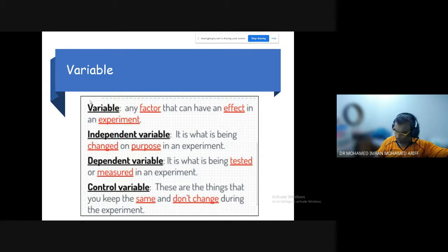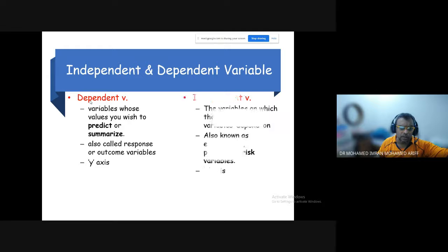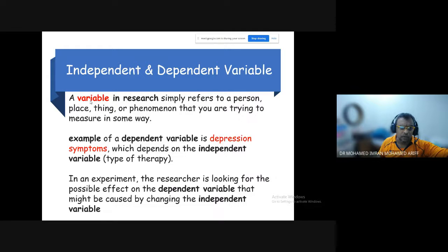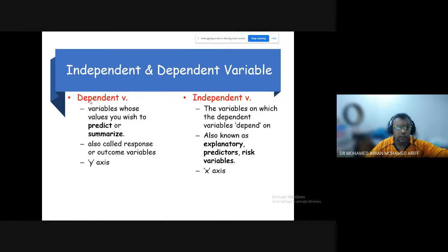Okay, so how do you look? So the dependent variable is what you predict. Okay, dependent, you predict this, or you look at the outcome. Independent are variables on which the dependent depends.